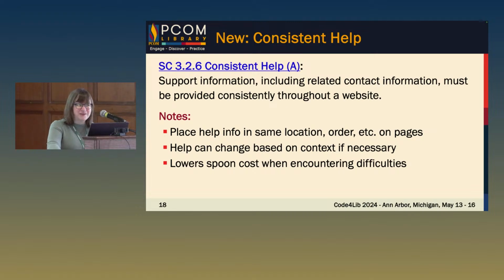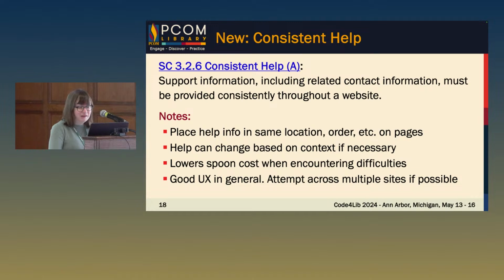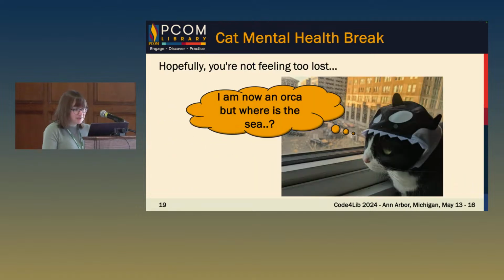And really, this just helps a lot because if you're already experiencing troubles, you don't want to have more trouble finding help. So it's a great thing to help in regards to spoon theory and all that. And it's good UX in general. And honestly, since we use a lot of different platforms, I think we should really try to keep things consistent across multiple sites.